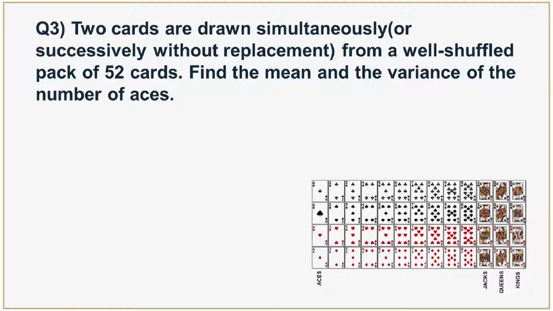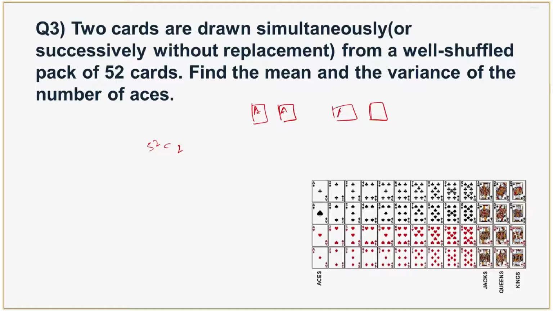So it's that simple. Okay, let's move on to the next question now. Two cards are drawn simultaneously from a well shuffled pack of 52 cards. Okay, so out of 52 cards, you're drawing 2 cards. Find the mean and the variance of the number of aces. Okay, so when you're drawing 2 cards, both of them could be aces.